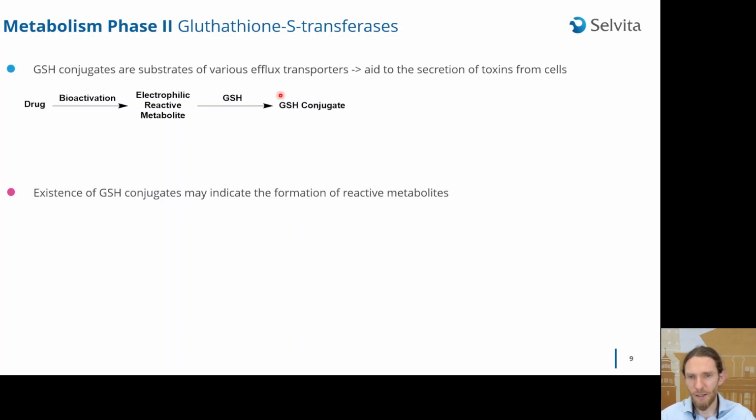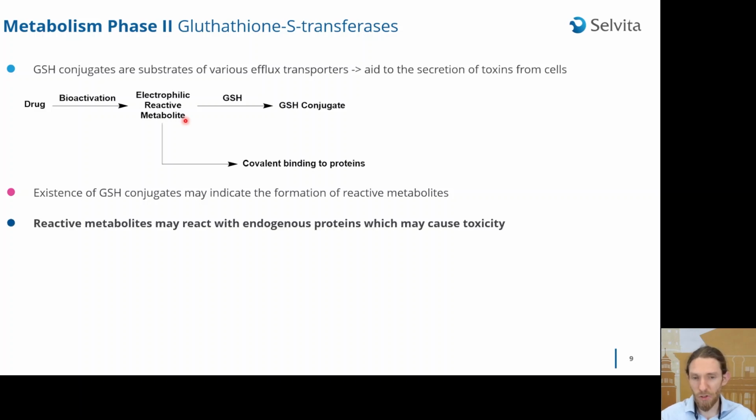These electrophilic reactive metabolites may not only conjugate to GSH, but also they can covalently bind to other molecules, for instance proteins. And this can lead to very serious acute toxicity, even lethal ones.